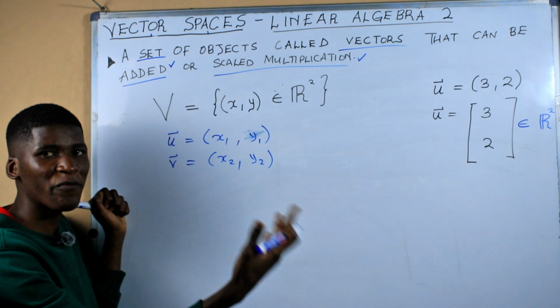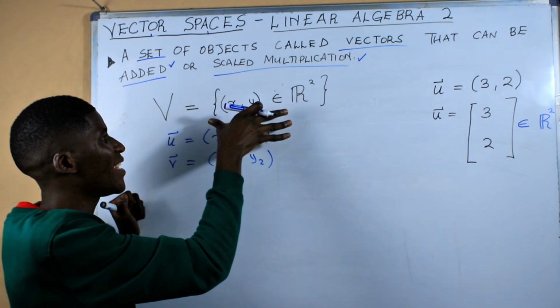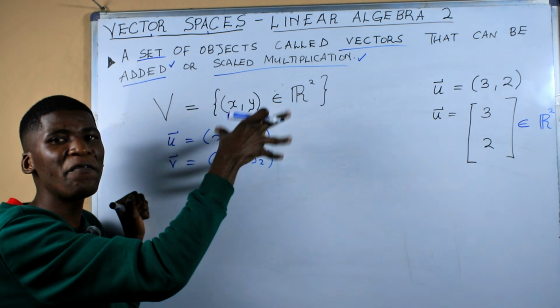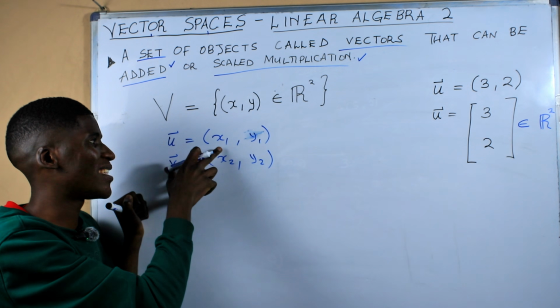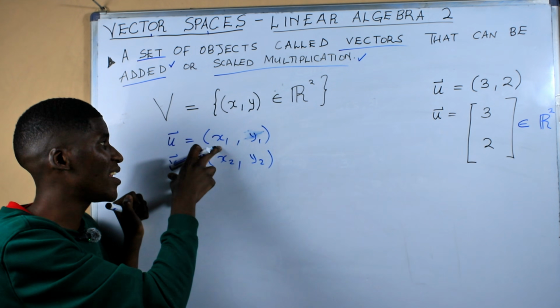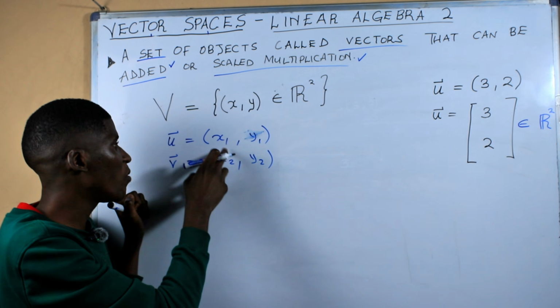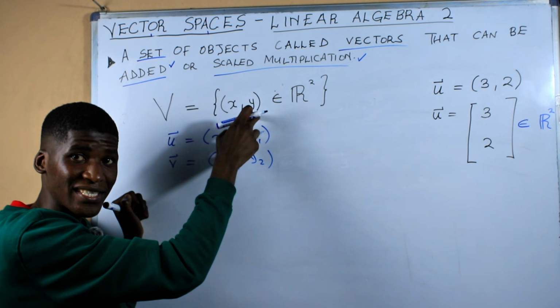I'm just showing you a general format, saying we have an infinite number of items with the same format, an x value and a y value. All of these are found within this vector space.